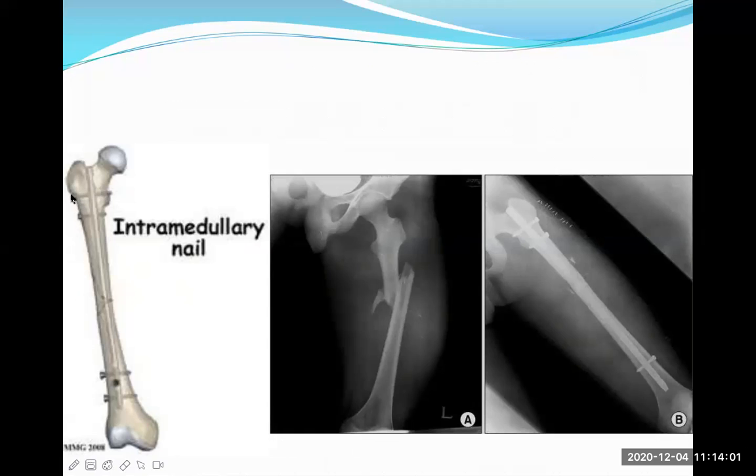And these are called interlocking nails. Interlocking because we fix towards the end. We fix these nails so that they don't shift here and there. So this is one of the excellent ways of treating femoral shaft fracture. See this? There's a very bad looking fracture here, and this is nicely treated by intramedullary nail or rod. So this is one way.